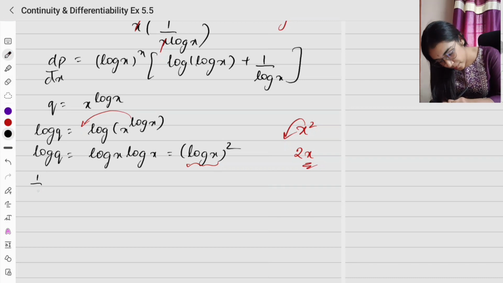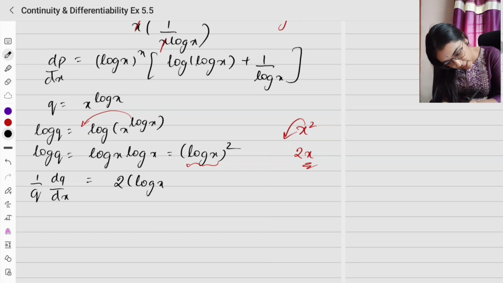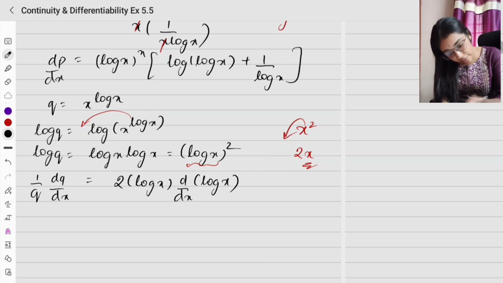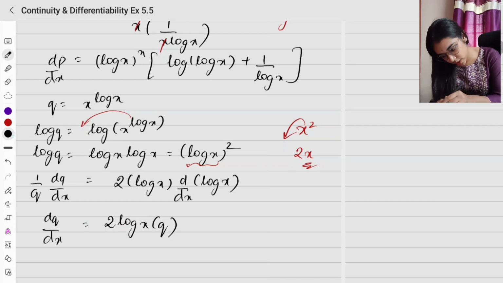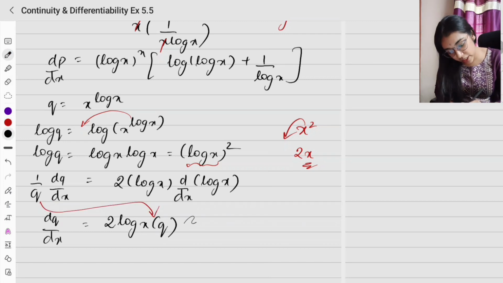So what happens here? 1 by q dq divided by dx equals 2 times log x times d by dx of log x. You have to do that also, don't forget. So I'll have dq by dx equals 2 times log x times q. This q is coming to the other side, so it becomes a multiplication. d by dx of log x is going to be 1 divided by x.